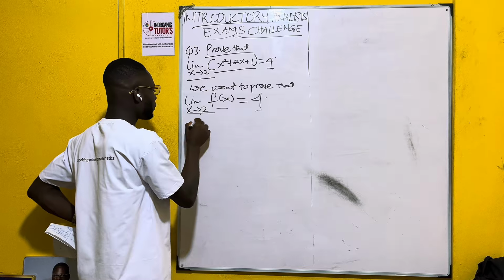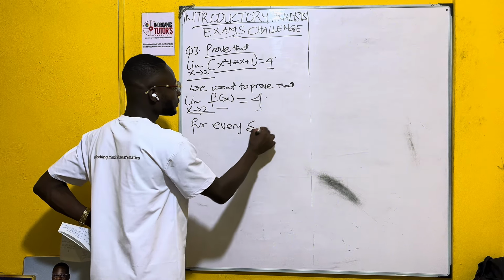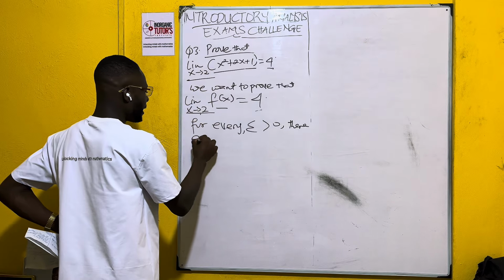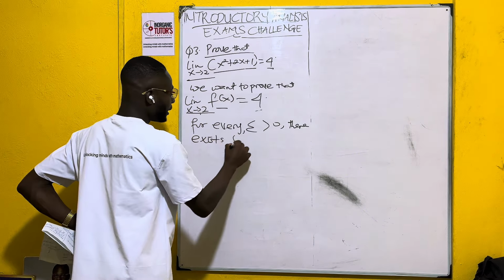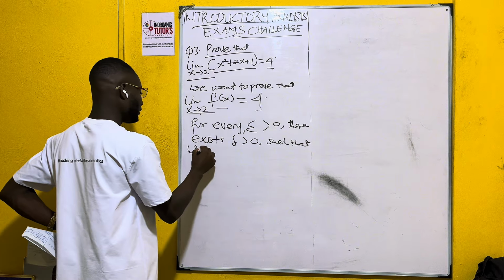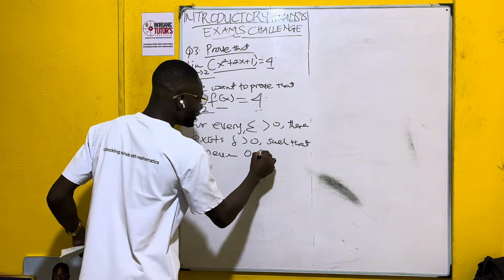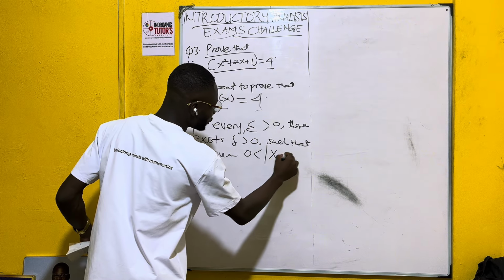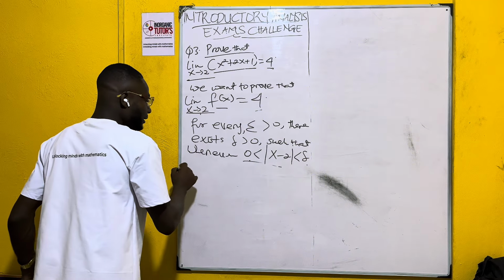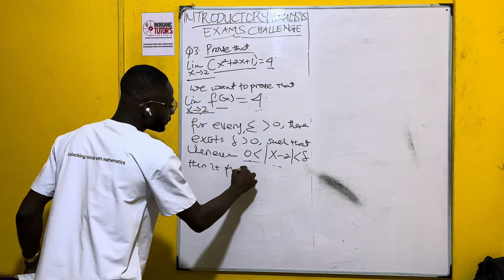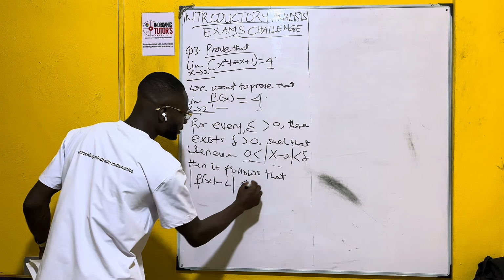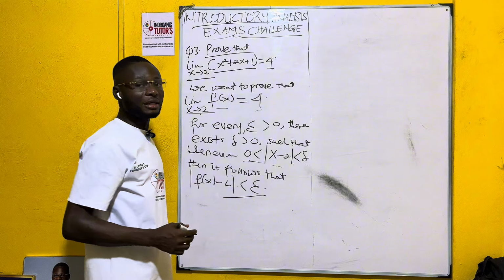So the epsilon delta definition: for every epsilon greater than 0, there exists a delta that is also greater than 0, such that whenever 0 is less than the absolute value of x minus 2, which is less than delta, then it follows that the absolute value of the function minus the limit must be less than epsilon. This definition is required everywhere.